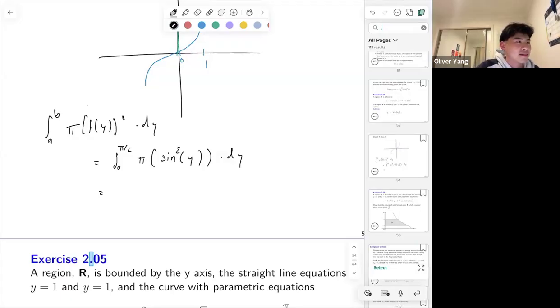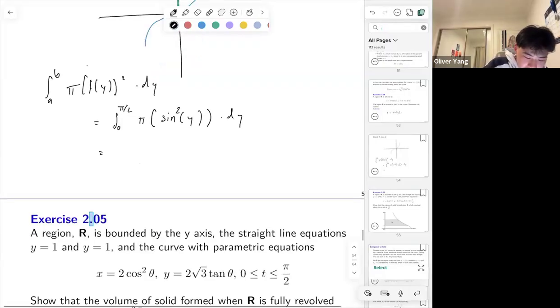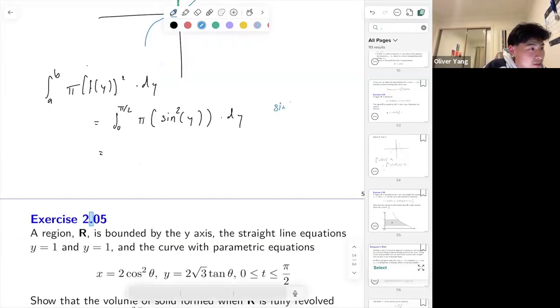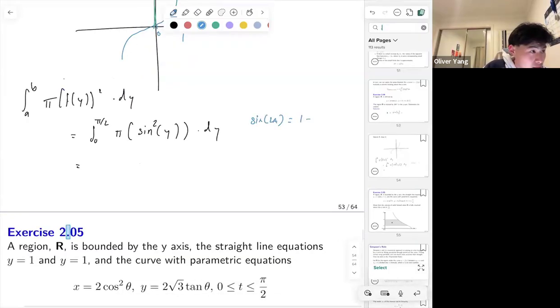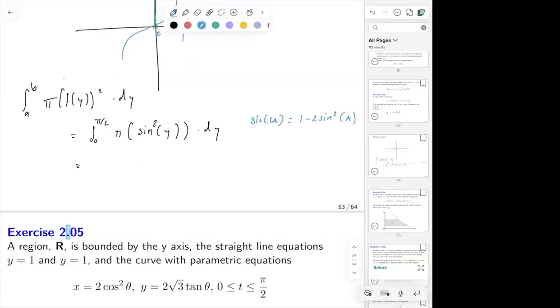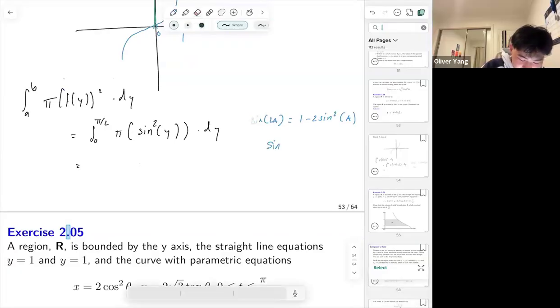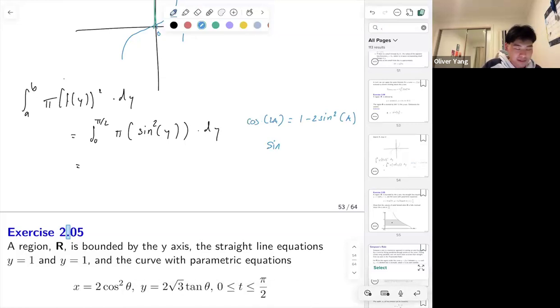In your formula book it should say cos 2a equals 1 minus 2 sine squared a. Sorry, I said sine 2a, but it's cos 2a, I'm blind. My bad. And then we're just going to rearrange for sine.